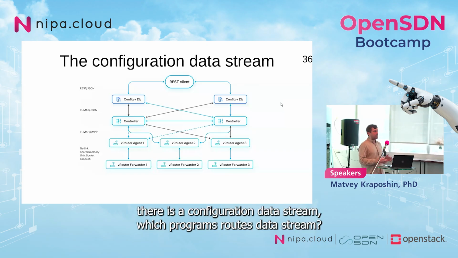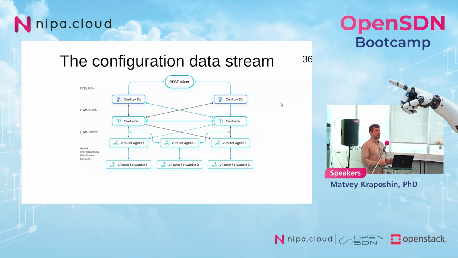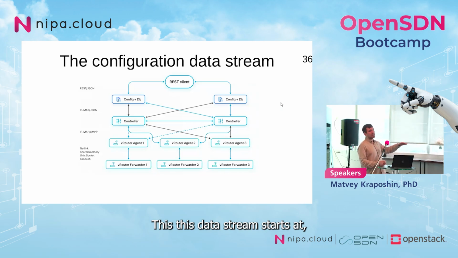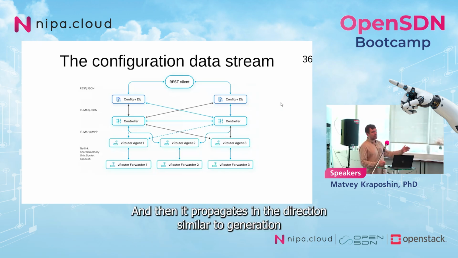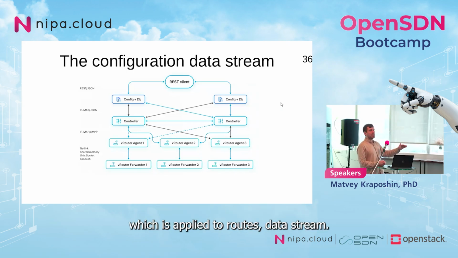And finally, there is a configuration data stream which programs the routes data stream. This data stream starts at REST requests, then it propagates to the config and database component, and then it propagates in a direction similar to the direction applied to the routes data stream.